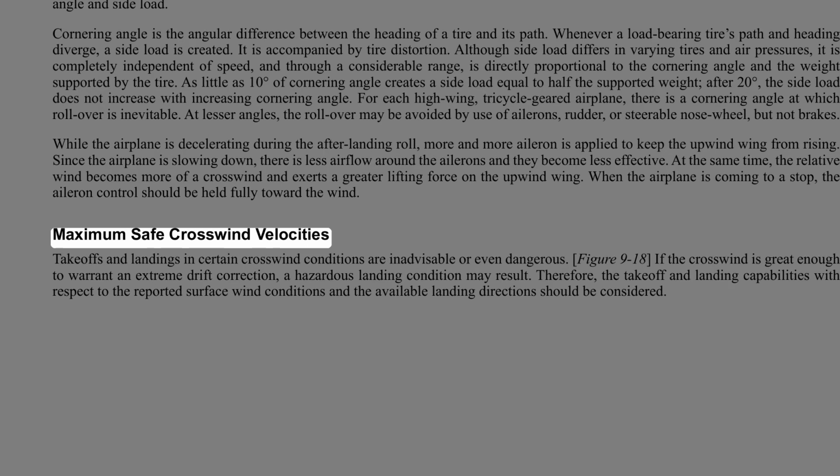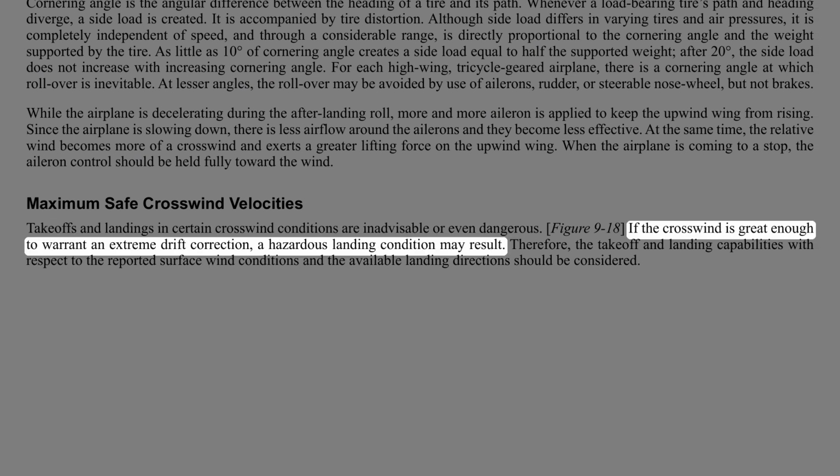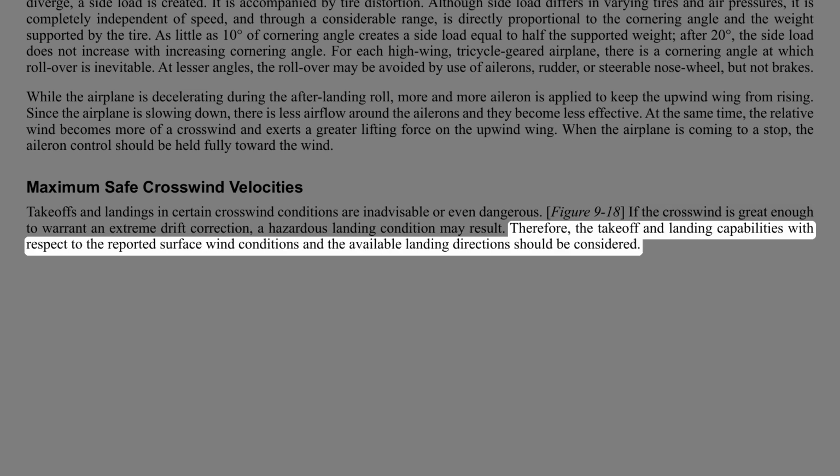Maximum safe crosswind velocities. Takeoffs and landings in certain crosswind conditions are inadvisable or even dangerous. If the crosswind is great enough to warrant an extreme drift correction, a hazardous landing condition may result. Therefore, the takeoff and landing capabilities with respect to the reported surface wind conditions and the available landing directions should be considered.